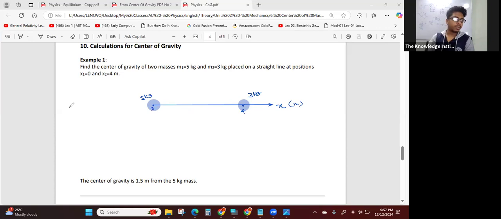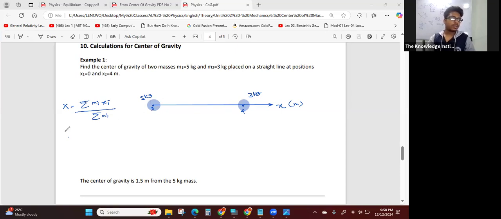The formula is x equals sigma mi xi over sigma mi. I'm taking the moment from here, so it will be easy for me, and this mass also cancels.